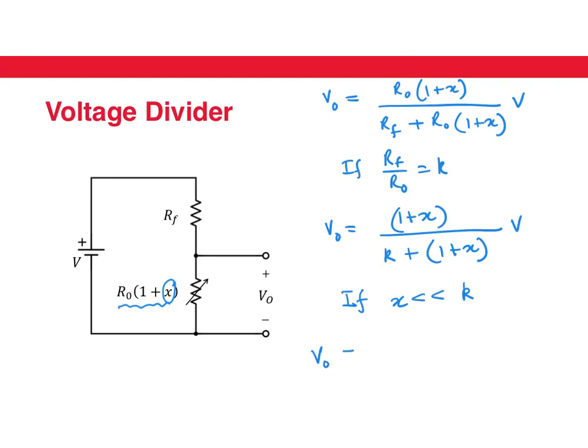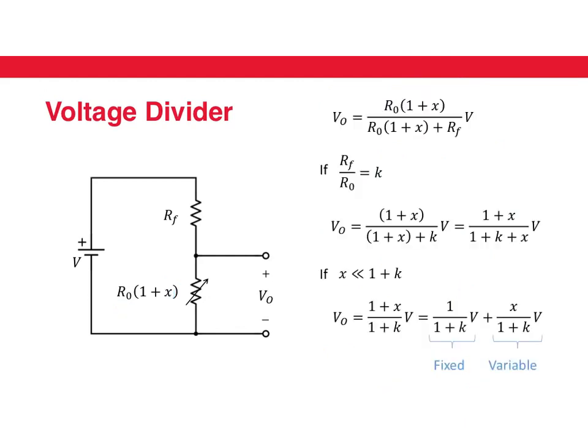We can write it as 1 plus X, and essentially we can ignore this X because it's much smaller than K, and we can write 1 plus K, times V. Okay, and this means that our output voltage is going to be V over 1 plus K plus X over 1 plus K, times V. The same maths that I've done is just typed out here to be more clear.